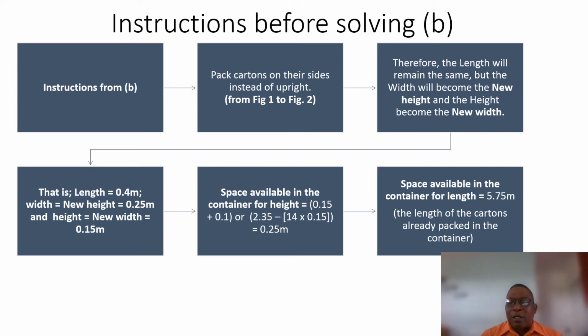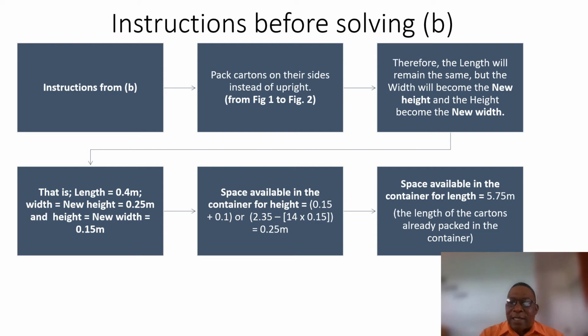Now when you turn it on its side, the length won't change, it will remain the same, but what was in front of you, where your laptop was initially, now becomes the new height, because it is the distance from the ground up to the top of the desk. And the new width would be what was initially the height, which is now in front of you for you to put something on, to represent where you can now put your laptop and so on.